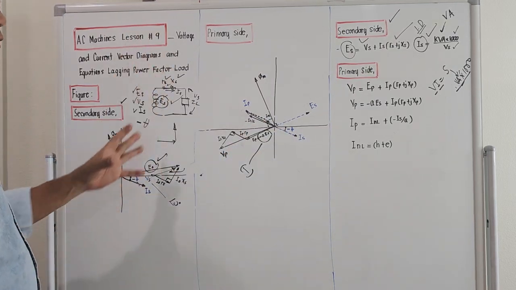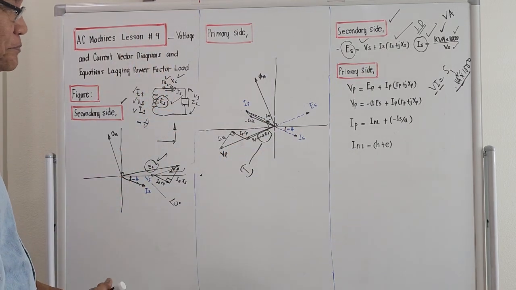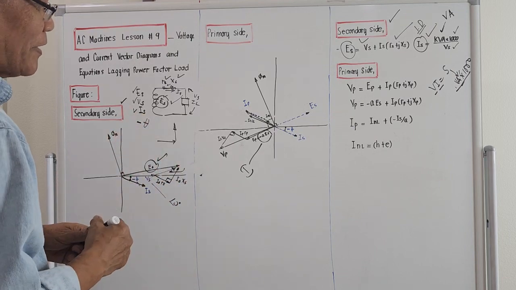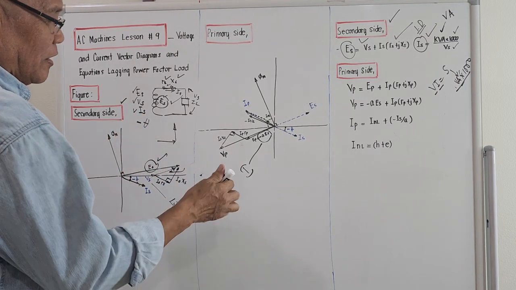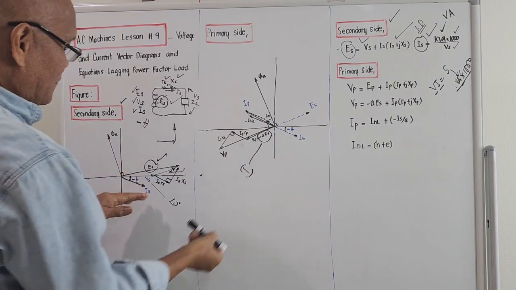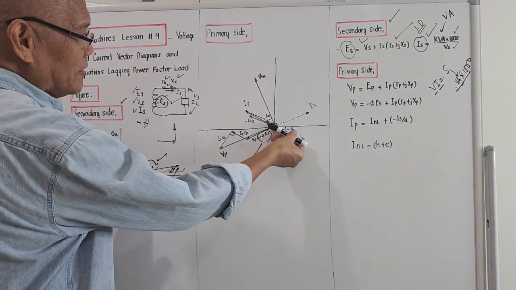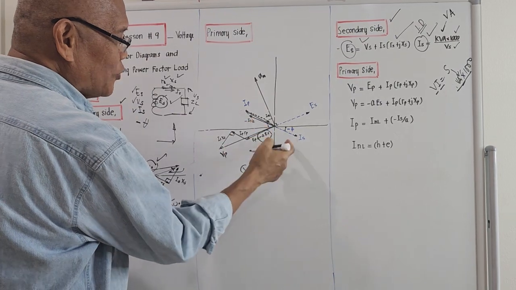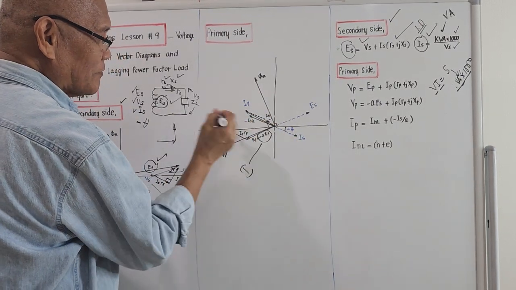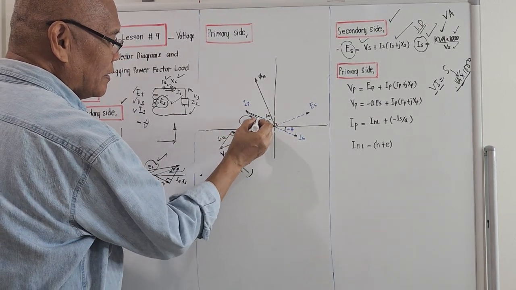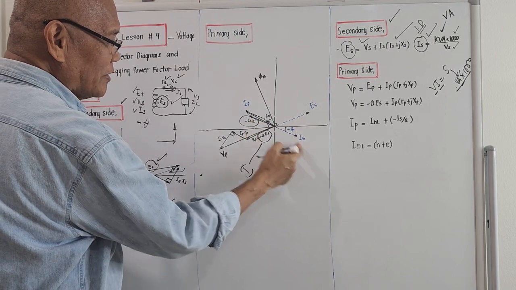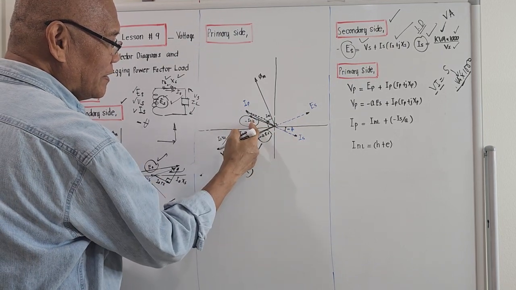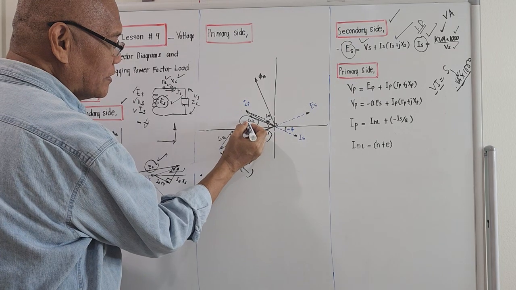Let's try to compute for the total primary current. For the total primary current, it is like this. This is I sub S from the first figure, right? If we try to take the reverse of this, okay, if we try to refer this to the primary side value, it will be its value on the secondary divided by A. Okay, but there should be a negative.